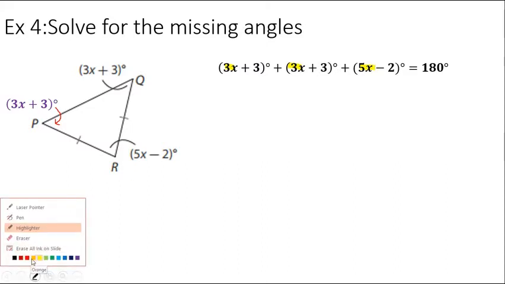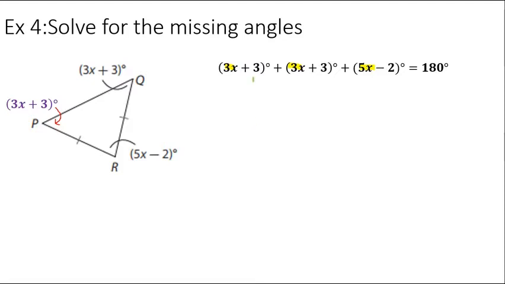Then I'm going to combine the numbers. I have 3 plus 3 minus 2, which gives me 4. So I'm going to have 11x plus 4 equals 180. Okay, next thing I do is I subtract 4.